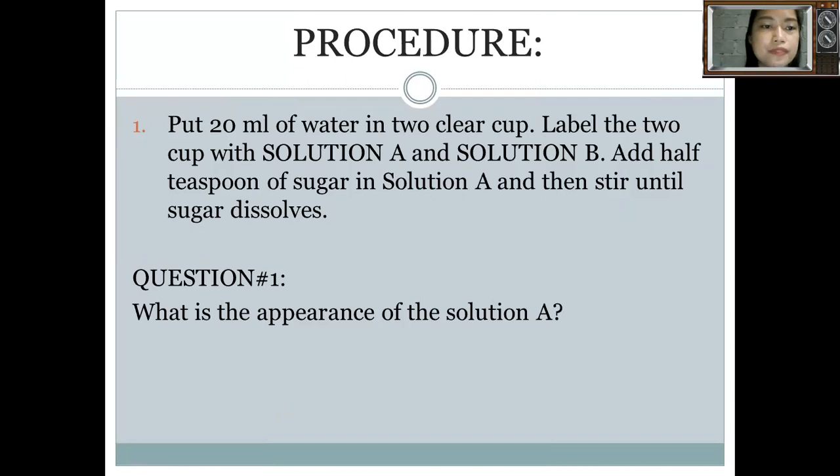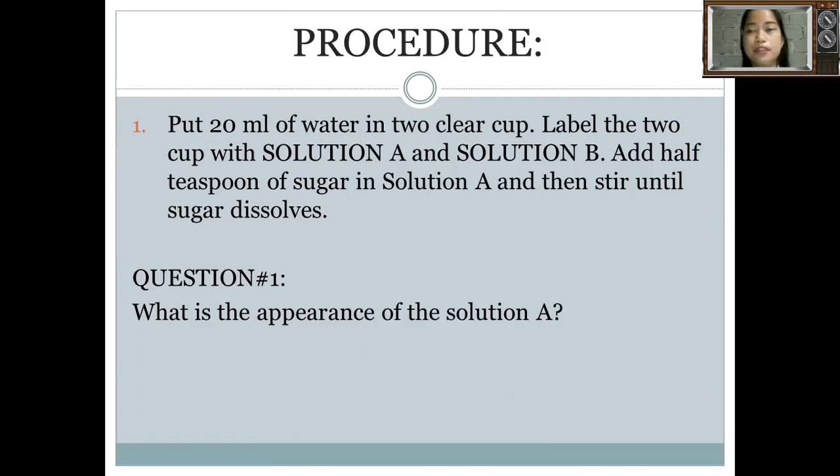So procedures. Number 1 procedure, put 20 ml of water into a clear cup or glass and label the 2 cups solution A and solution B. Add half teaspoon of sugar in solution A and then stir until sugar dissolves. Question number 1.